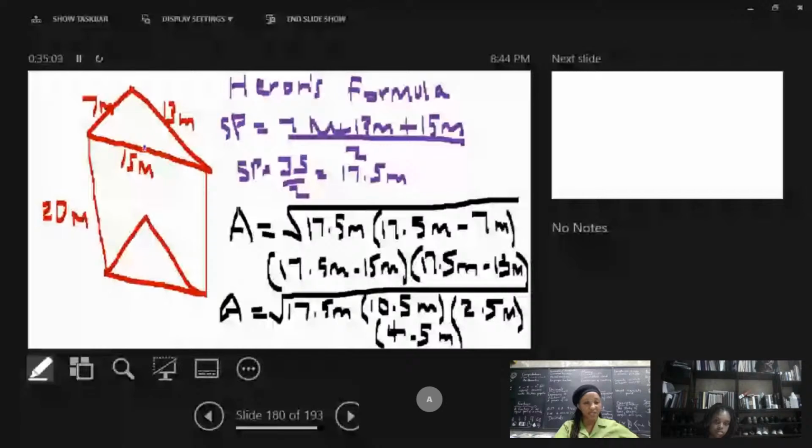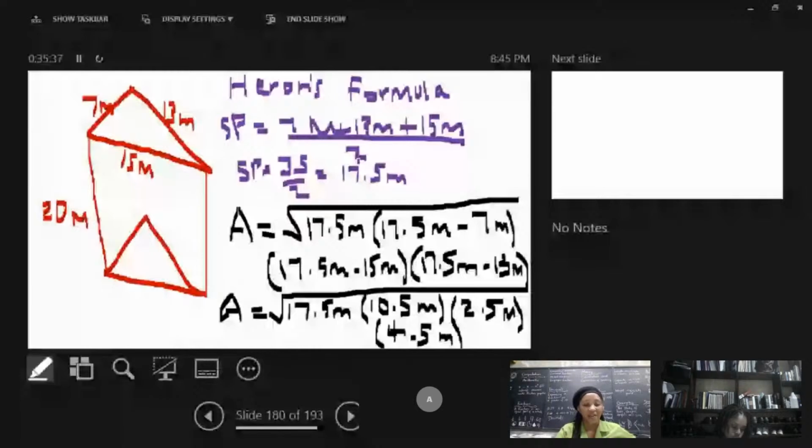We are given 3 sides. So the formula that you can use to find the area of a triangle when you're given the three sides is Heron's formula. Heron's formula says you add the three sides of the triangle to get the perimeter, and you divide that by 2, the semi-perimeter.